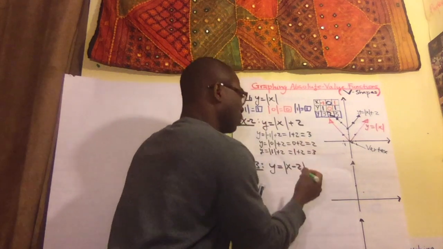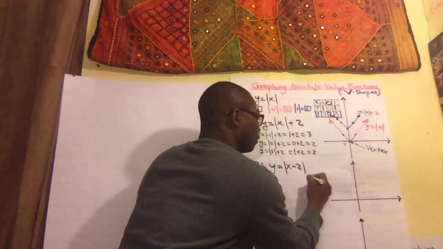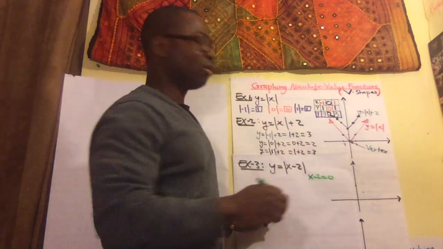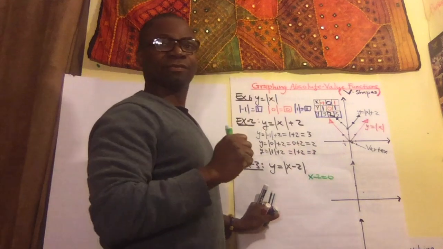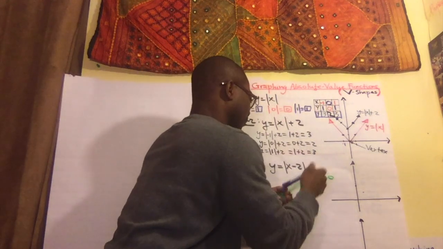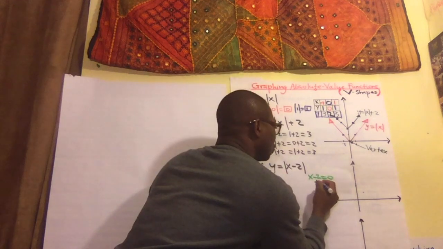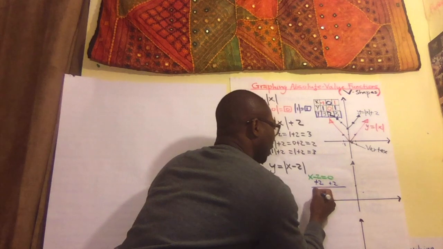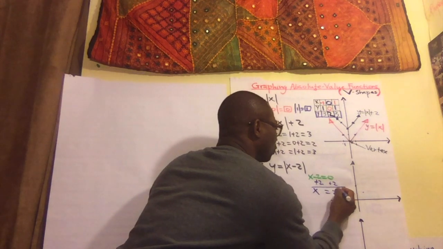If x minus 2 is going to be 0, what would the value of x be? Right. So we're going to add 2 to both sides, plus 2 plus 2. So that will be x equal to 2.